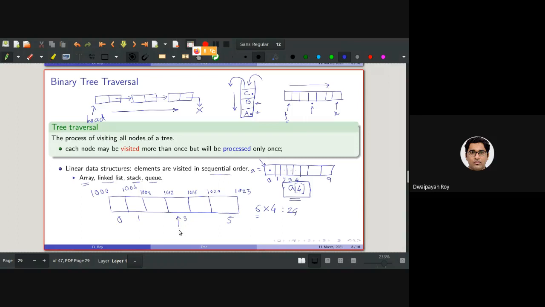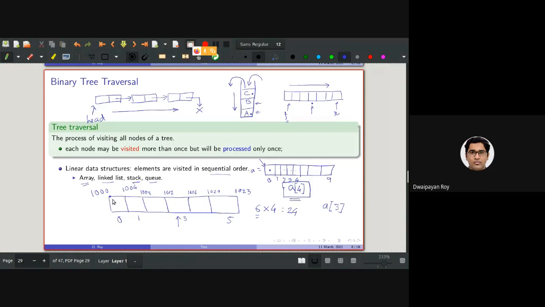To access A3, internally what is happening is that we are starting from the starting point and traversing the array from the very beginning.